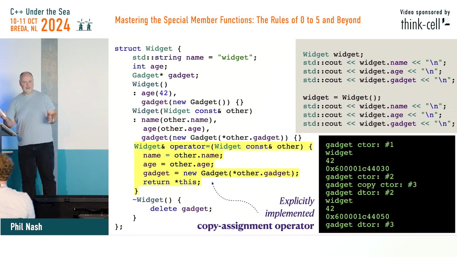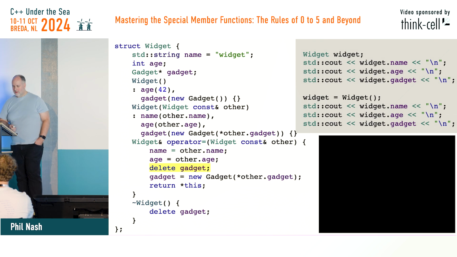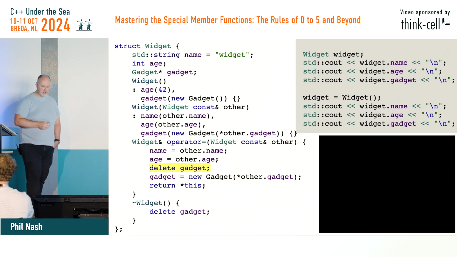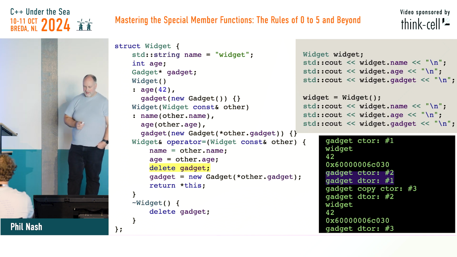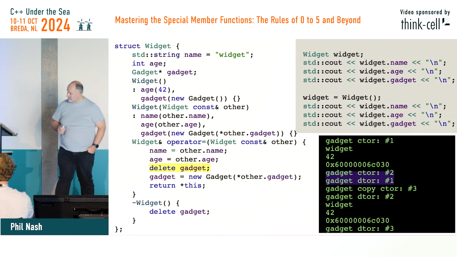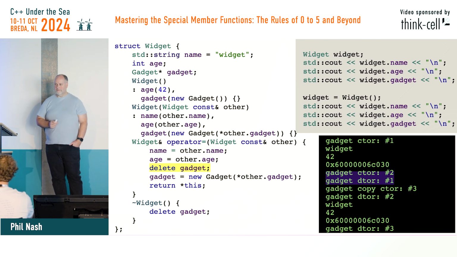Seems obvious, but it's also easy to miss, and won't necessarily catch us straight away. So, let's delete the previous gadget immediately before creating the new one, and I don't know if you can see that there, but it does actually delete gadget number 1 as well.